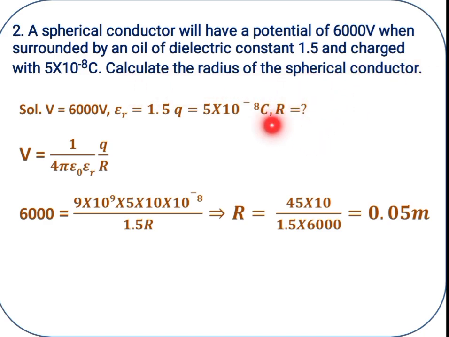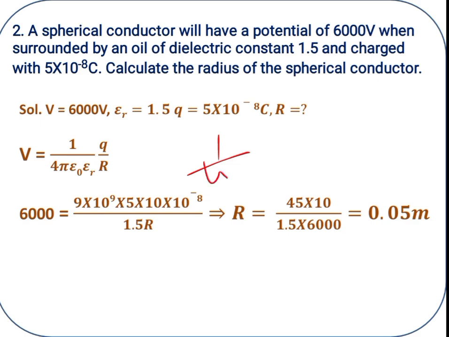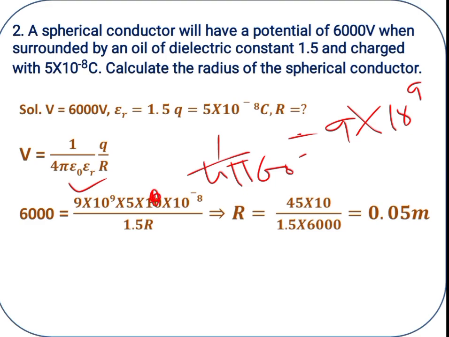R we don't know. We know the suitable formula for this. Substitute the values in this formula. 6000 and what is 1 by 4 pi epsilon naught? We know 1 by 4 pi epsilon naught is a constant value, that is 9 into 10 raised to 9. We know this value, so for that reason we have to substitute, and this is misprinted.